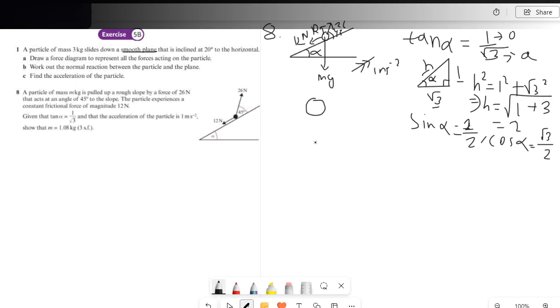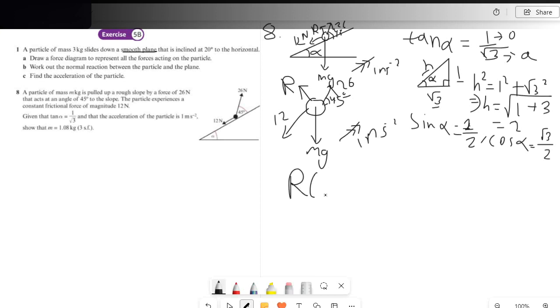So now let's draw the particle, and this should be mg as usual. This should be the reaction force, which is R. This should be the frictional force, which is 12, and this should be 26 newtons with an angle of 45. Because acceleration is upwards parallel to the inclined plane with a value of 1 meter per second squared, resolving upwards and parallel to the plane, if this is mg cos alpha and this is mg sine alpha, we can say that the resultant force is 26 cos 45.